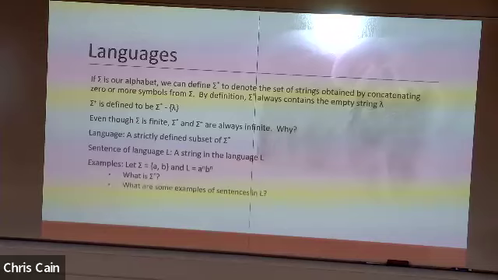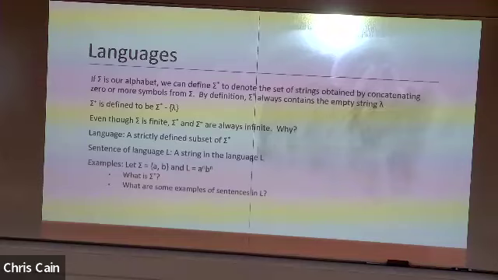Examples of sentences in L. AB was one of them. What else? AABB. AABB, yep. AAABBB would be another. What about lambda? You technically want this to be defined with n greater than or equal to 0.